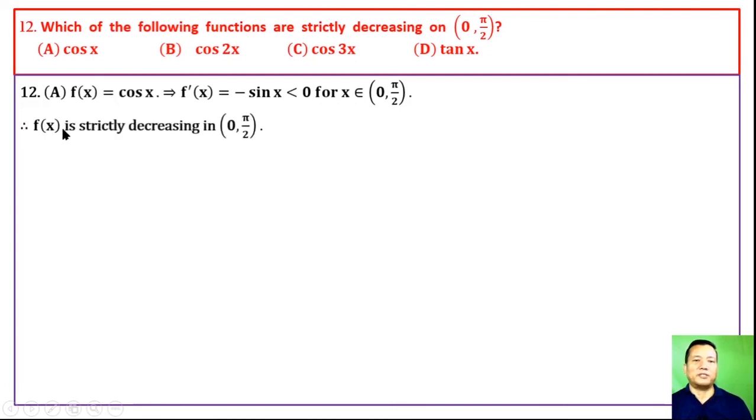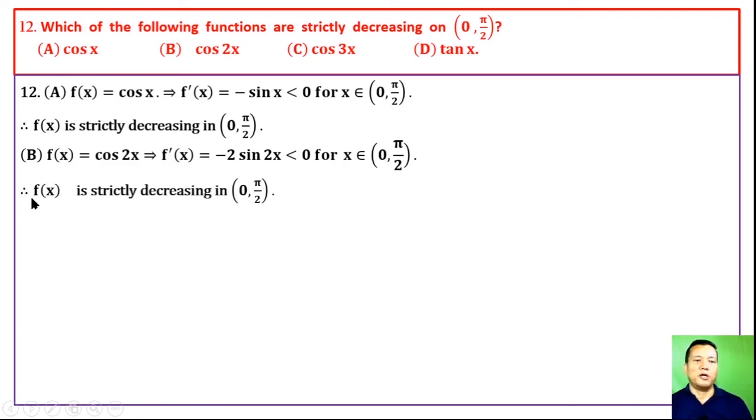Therefore, f of x is strictly decreasing on the open interval 0 to pi by 2. For b, here f of x is cos 2x, whose derivative is minus 2 sine 2x, less than 0 for x belongs to 0 to pi by 2. Therefore, f of x is strictly decreasing on the open interval 0 to pi by 2.